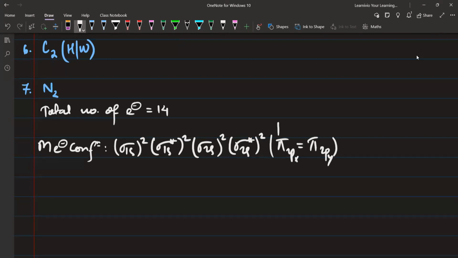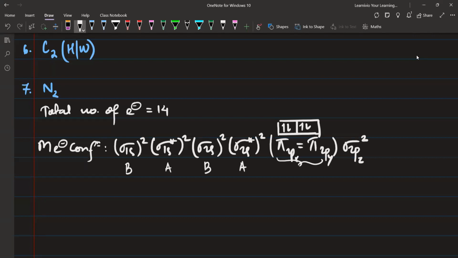I will write it like this generally, just to remind myself that these are orbitals with similar energy. 1 electron, 2 electron, 3 electron, 4 electron. So here we have filled 8 and 4, that is 12. After that, we are going to have sigma 2pz, and this will also be 2. So this is bonding, anti-bonding, again bonding, again anti-bonding.